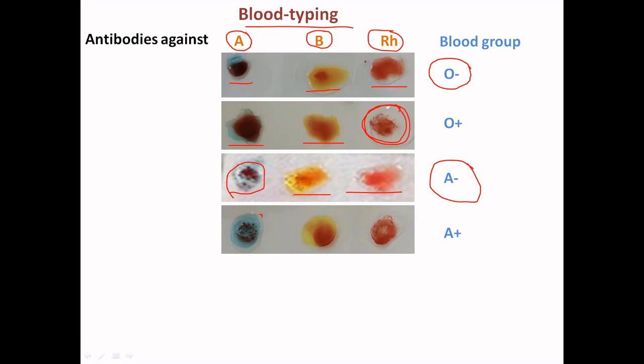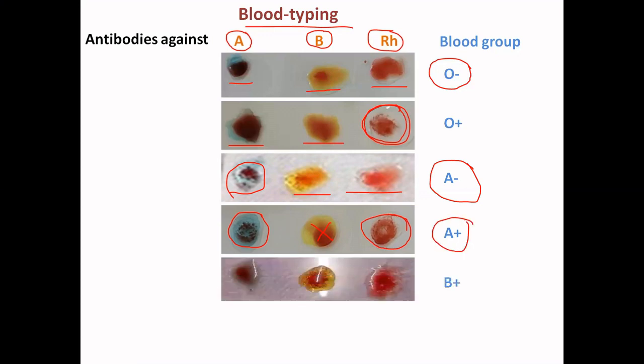Whereas in this individual, you can see the agglutination reaction in the case of antiserum A plus the RBCs. We don't see any agglutination reaction in B, but we see an agglutination reaction in the Rh antiserum plus the blood. So this person is A positive.